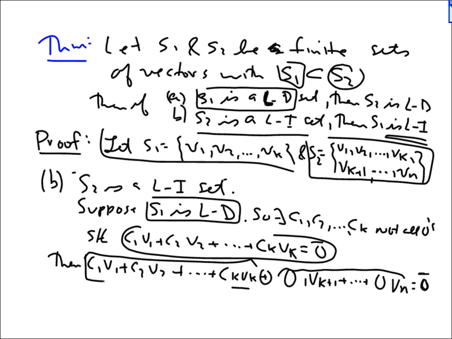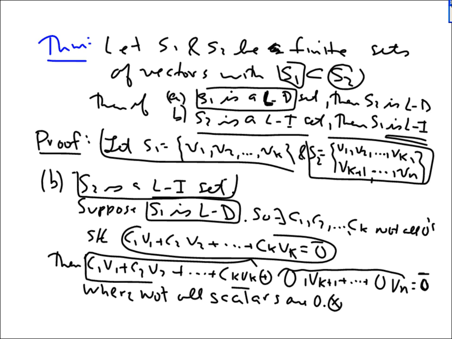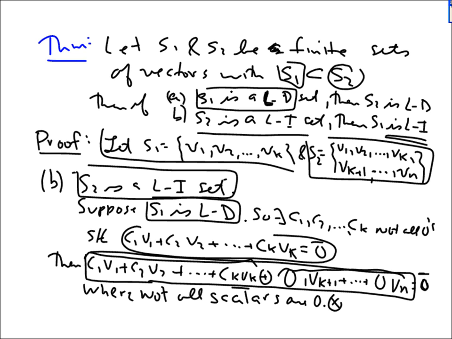Now, then that equation equals 0 where not all scalars are 0. But that's a contradiction. Because if S2 is linearly independent, you can't come up with a linear combination of the vectors in S2 that gives 0 where some of the coefficients are non-zero.